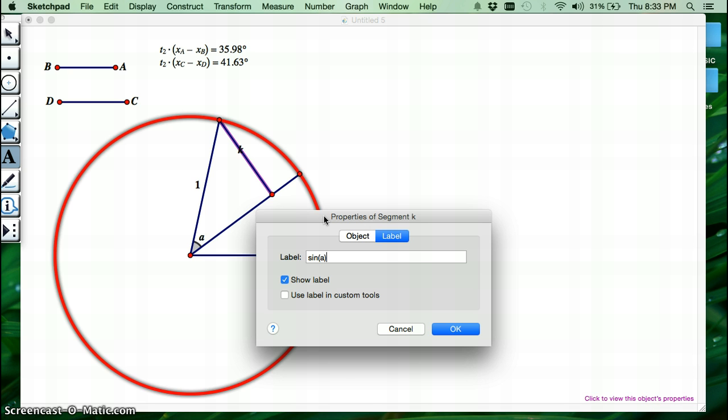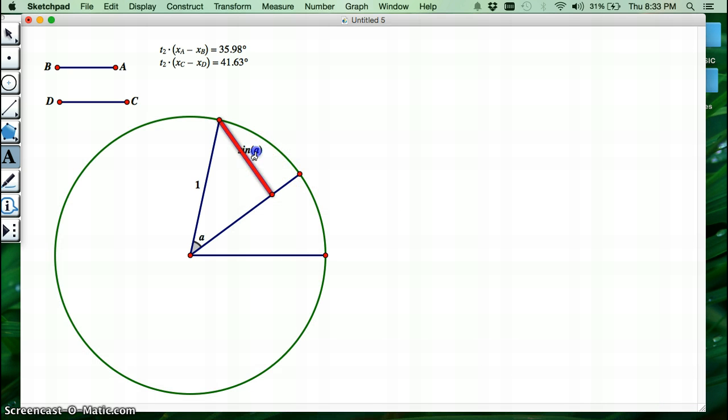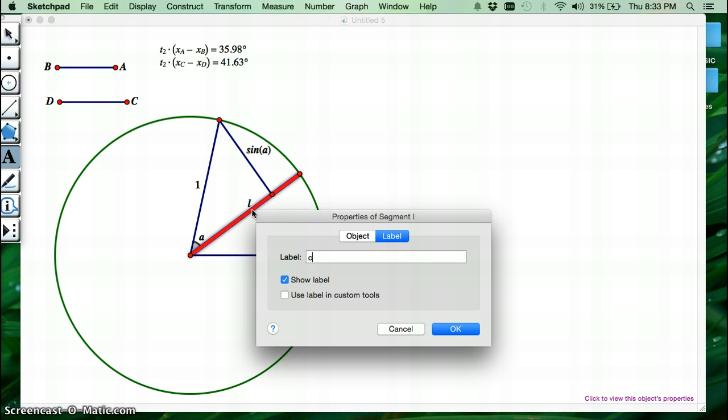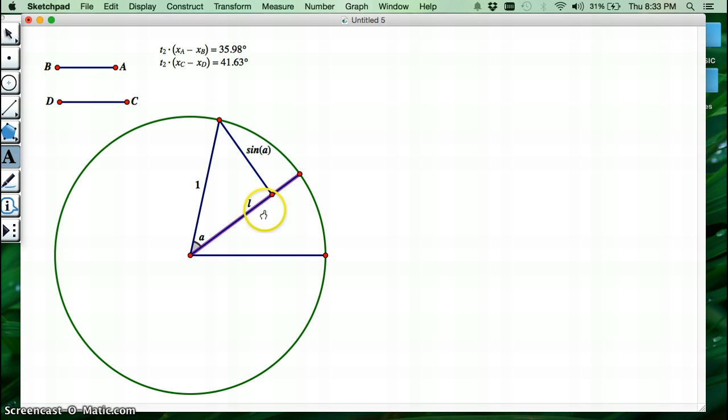Label that here. Meaning that our adjacent side is then cosine of alpha. Picked up the wrong piece there. And now this piece is our cosine of alpha.